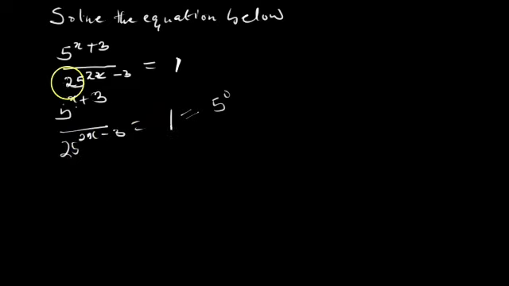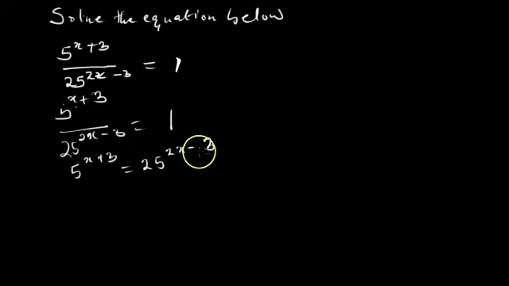So that we're saying that 5 raised to power x plus 3 over 25 raised to power 2x minus 3 is equal to 1. Then I will cross multiply. If I'm cross multiplying, I'll have 5 raised to power x plus 3 to be equal to 25 raised to power 2x minus 3.